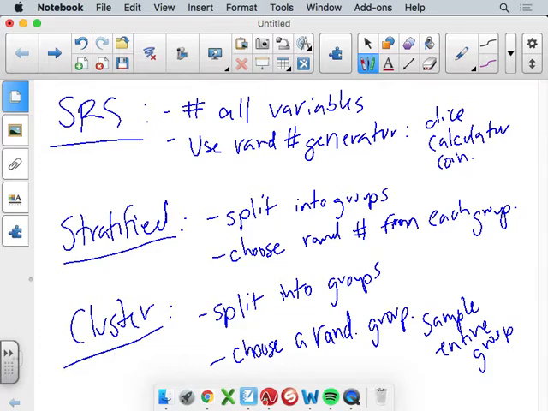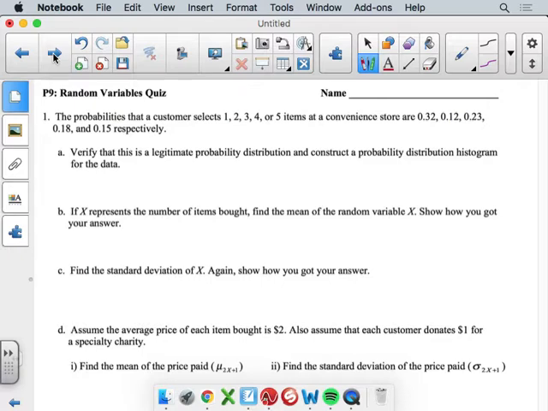Alright. Okay, so let's talk about probability again. I'm going to give you this little paper. It's just me using the paper and not changing the header.